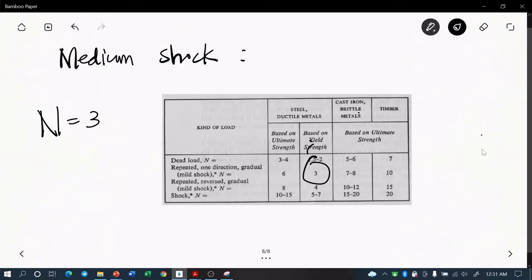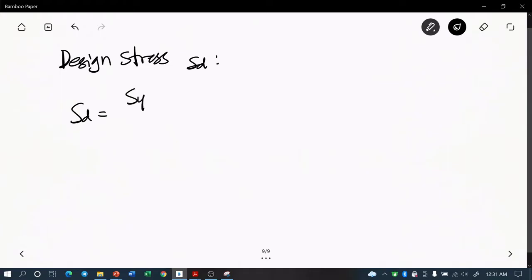Now we can solve for the design stress. Let's go back to the obtained expression for the design stress. The design stress S sub D is equal to S sub ys over the design factor.